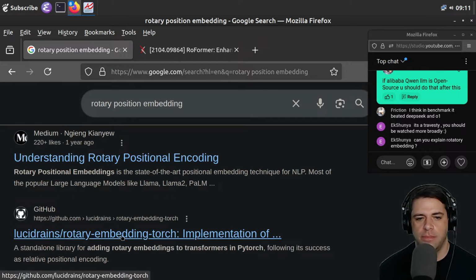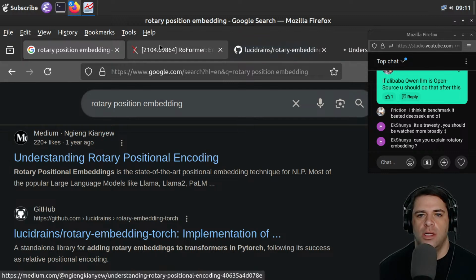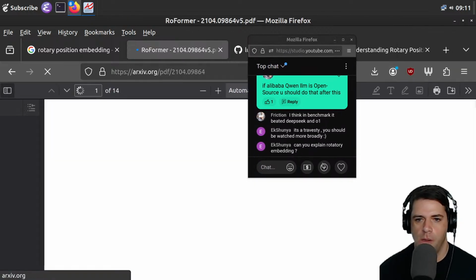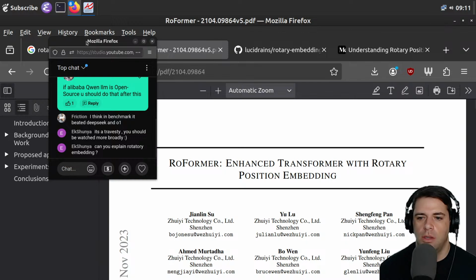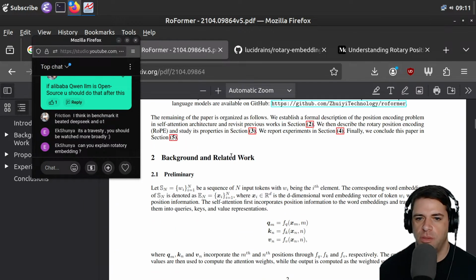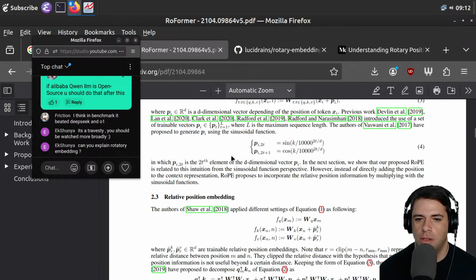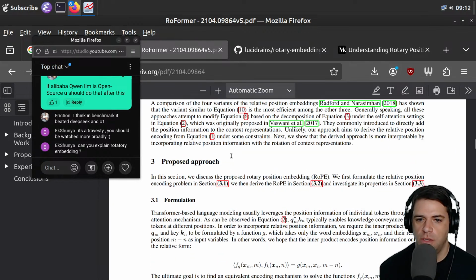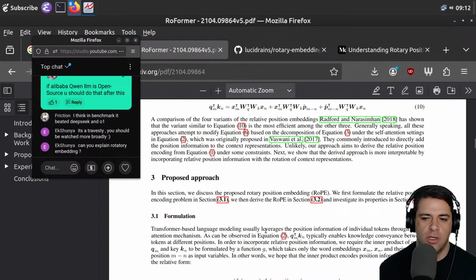Let's see if we can find some. Position encoding recently has shown effective in the transformer architecture. I don't know if this is the first paper with rotary position embedding. Relative position embedding. Proposed approach, formulation. Transformer-based language modeling usually leverages the position information of individual tokens through a self-attention mechanism.